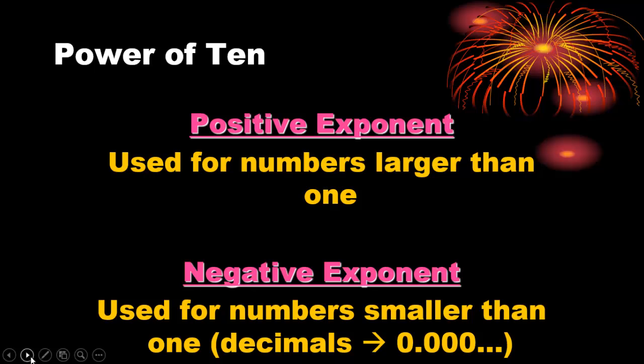This will be the same for negative numbers. So if you have a negative number larger than 1, it's going to be positive. If you have a negative number less than 1 or a decimal, your exponent is going to be negative. So smaller just means a decimal number, or you've made the number smaller than 1.